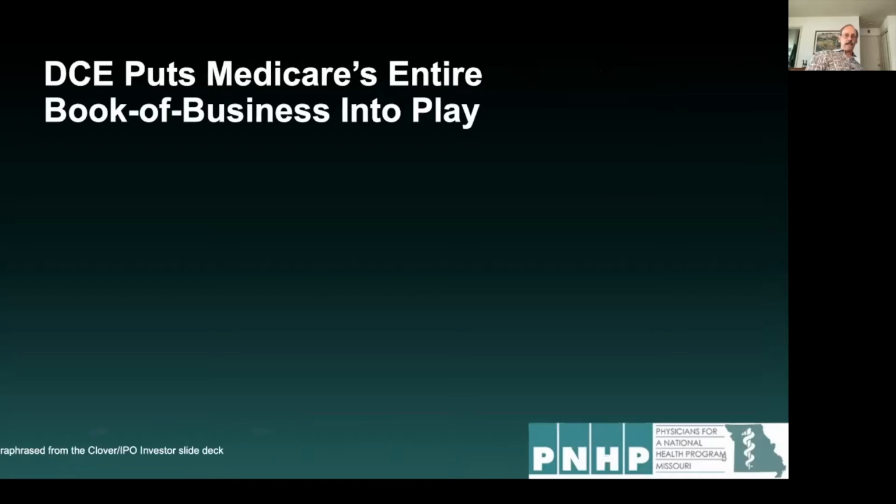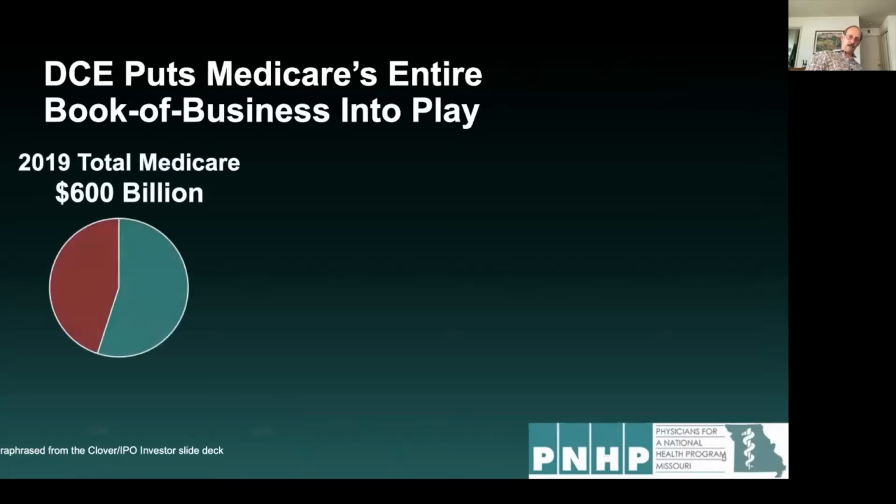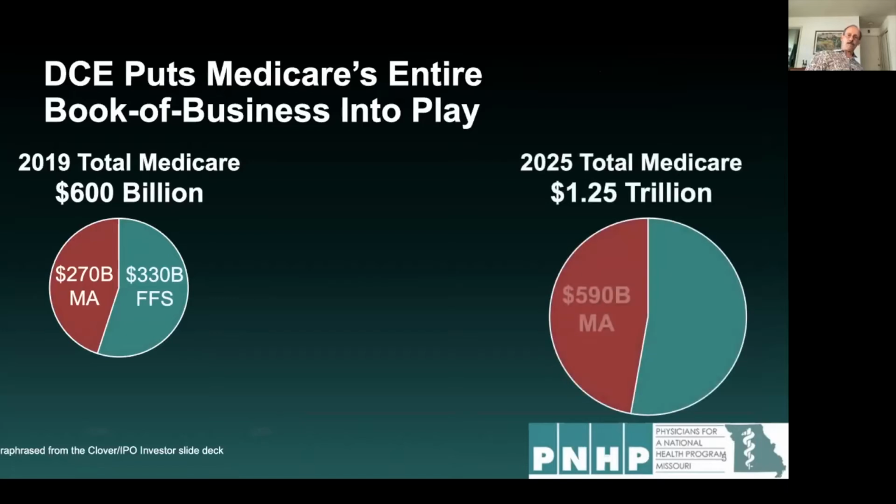So this puts Medicare's entire book of business into play for the for-profit sector and investors. So we could go from 600 billion to more than double that in a few years if we allow this to progress.